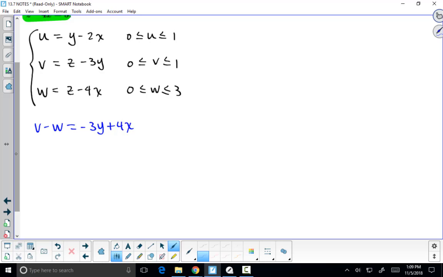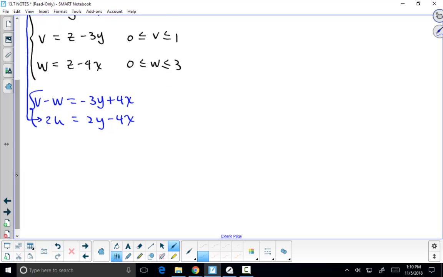Let's combine those two by multiplying the top equation by 2, so that when I add those together, x is gone, and the only variable left is y. Then we've solved for y in terms of u, v, and w.